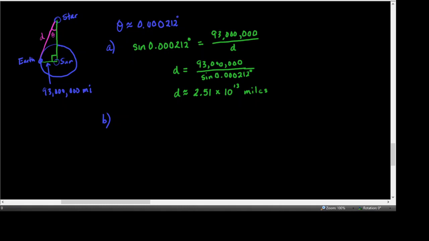So the part B says a light year is defined to be the distance that light travels in 1 year and equals about, so 1 light year equals about 5.9 trillion miles.